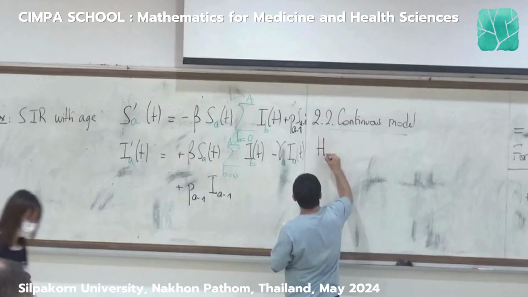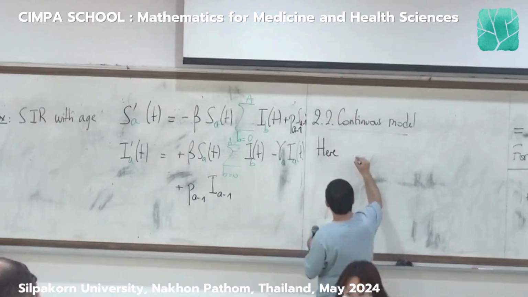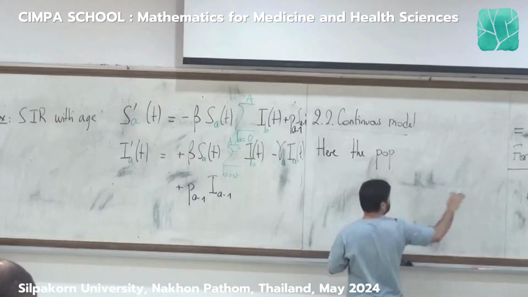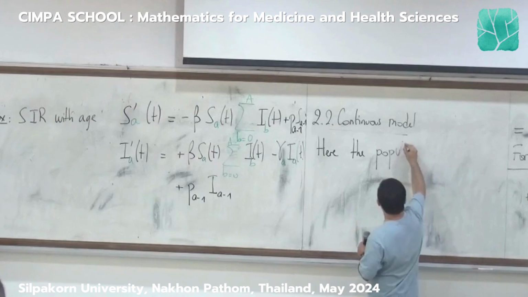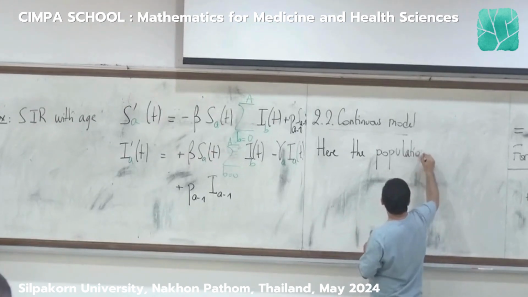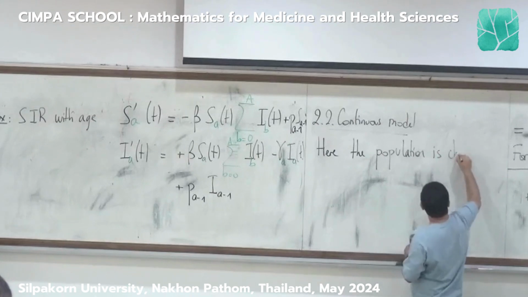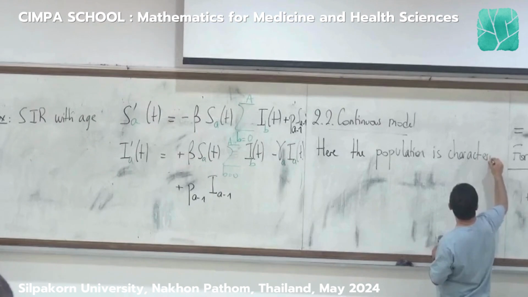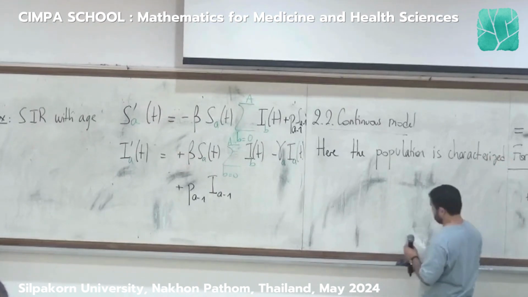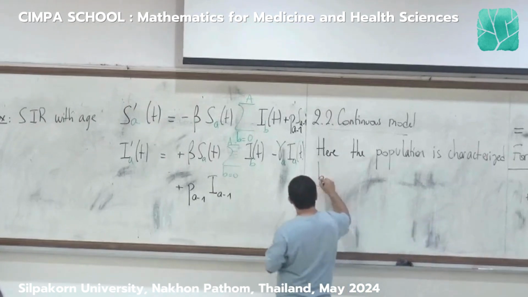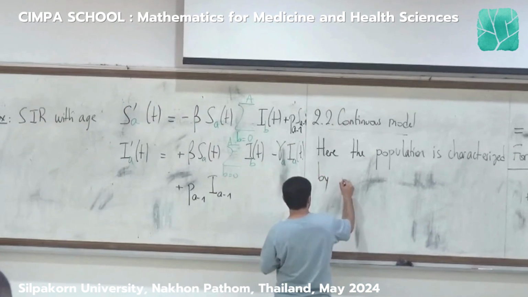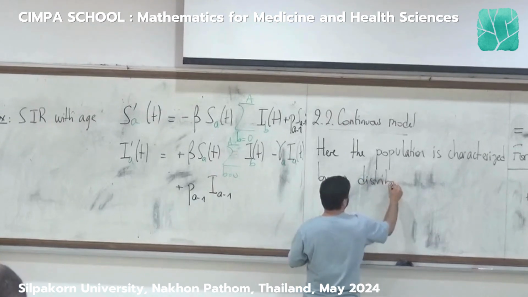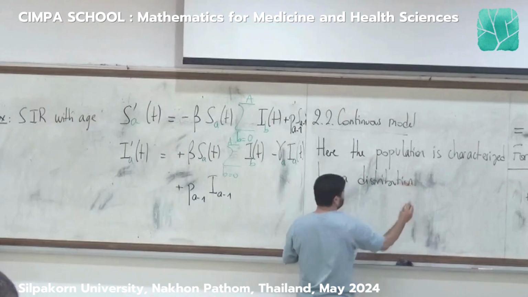So here, this is the standard notation for the population. We don't talk about density.